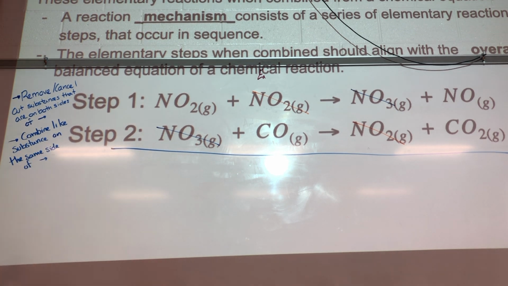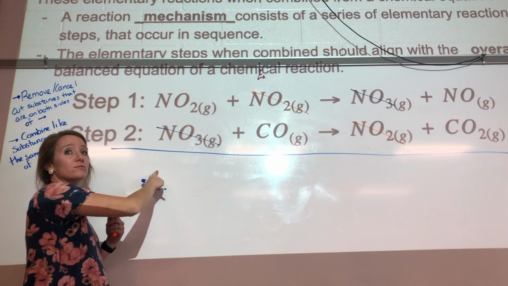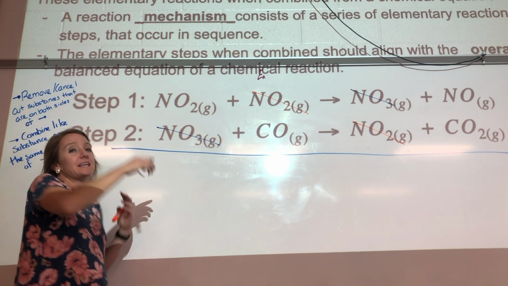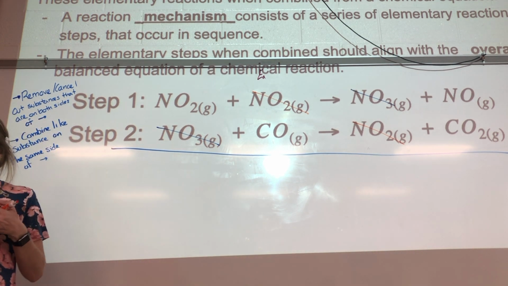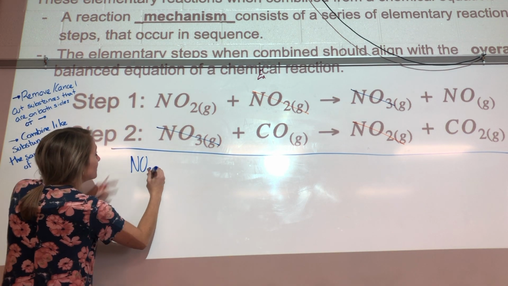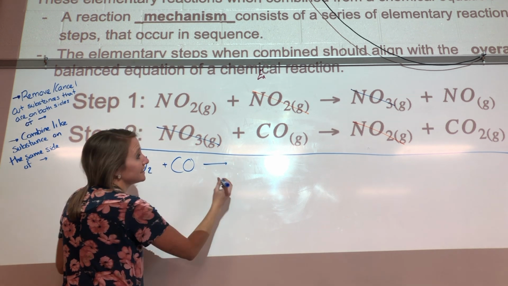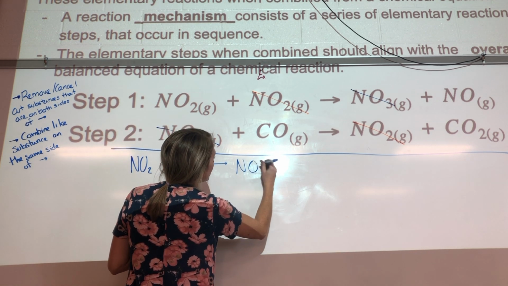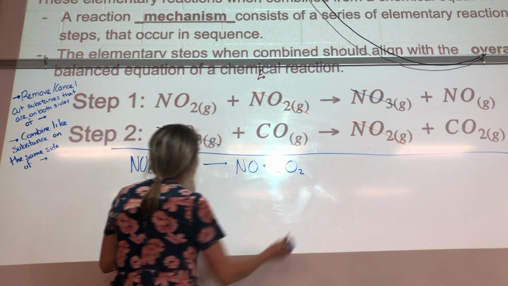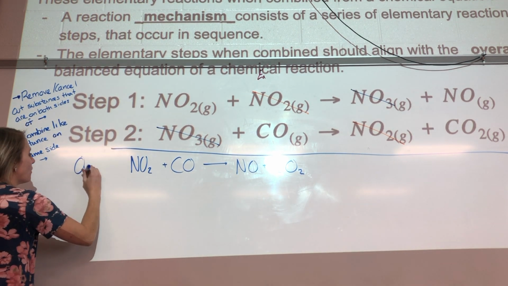If, hypothetically, Calvin, this one didn't cancel, then we would have combined them and written two NO2s. But since one of them canceled, now there's nothing to combine it with. So my overall reaction is going to look like this: NO2 plus CO changing into NO and CO2. Okay? So this is the overall reaction.